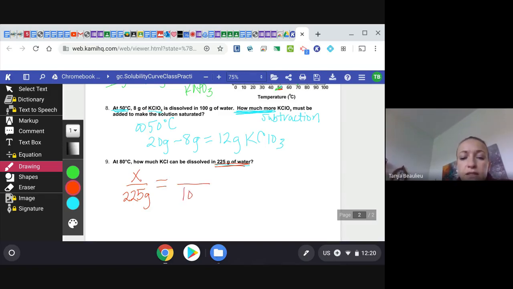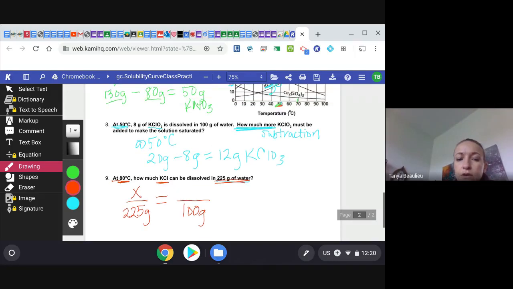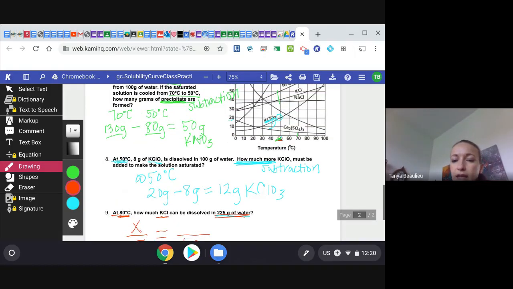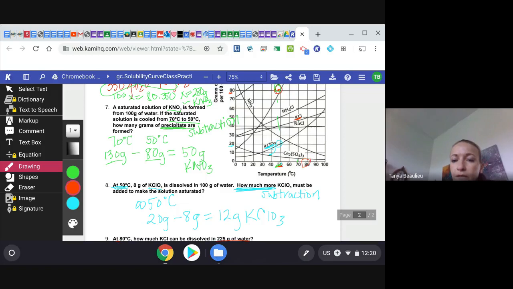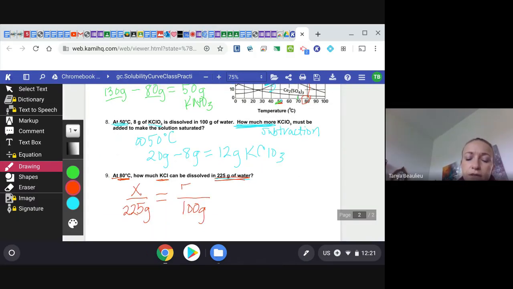Normally, everything is per 100 grams of water. So in order to figure out what goes on top here above the 100 grams, I got to look at the graph, 80 Celsius, KCl. So I go up to the graph and I find 80 Celsius. Here's KCl. That intersects right here. That gives us 50 grams. So I can hold 50 grams of KCl per 100 grams of water.